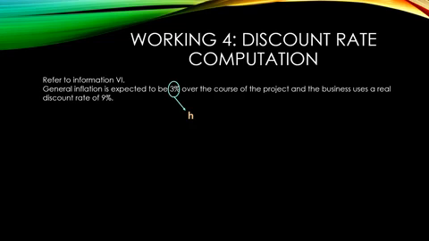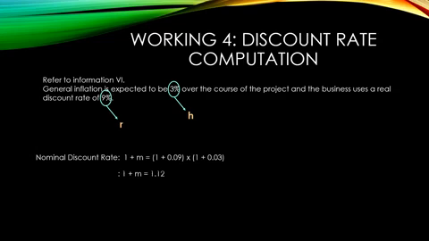Okay, this one will be H, that is 3%. The general inflation will be H, and real discount will be R. To compute for the nominal discount rate, you can use Fisher equation. So it will be 1 plus M is equal to 1 plus 0.09 multiplied with 1 plus 0.03.